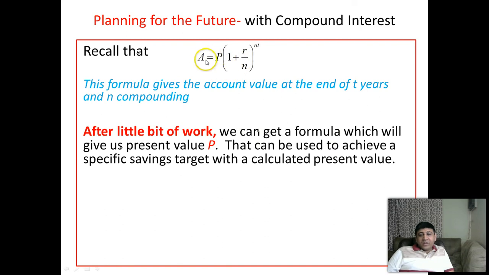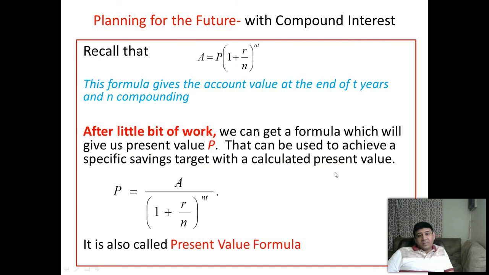Here we have A equals this, we can have P equals this. P will be our present value. So after a little bit of work we can get the formula which will give us the present value P that can be used to achieve a specific saving target.